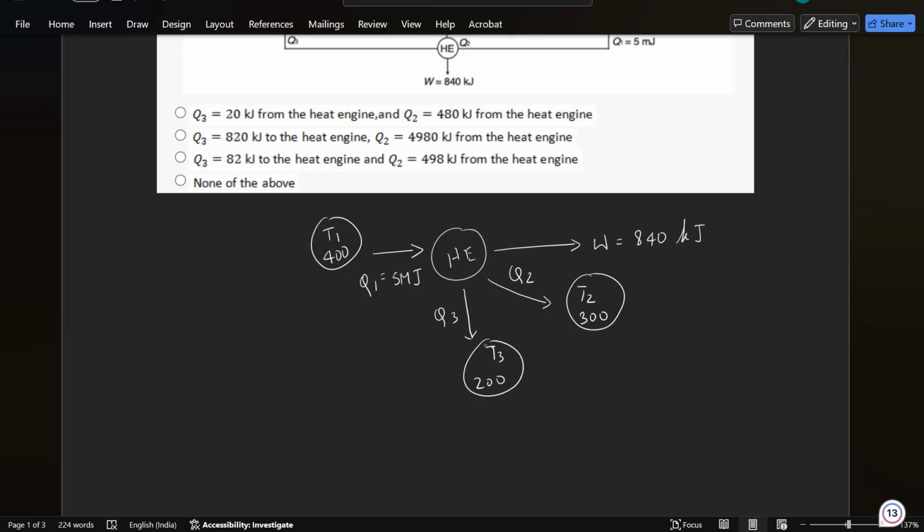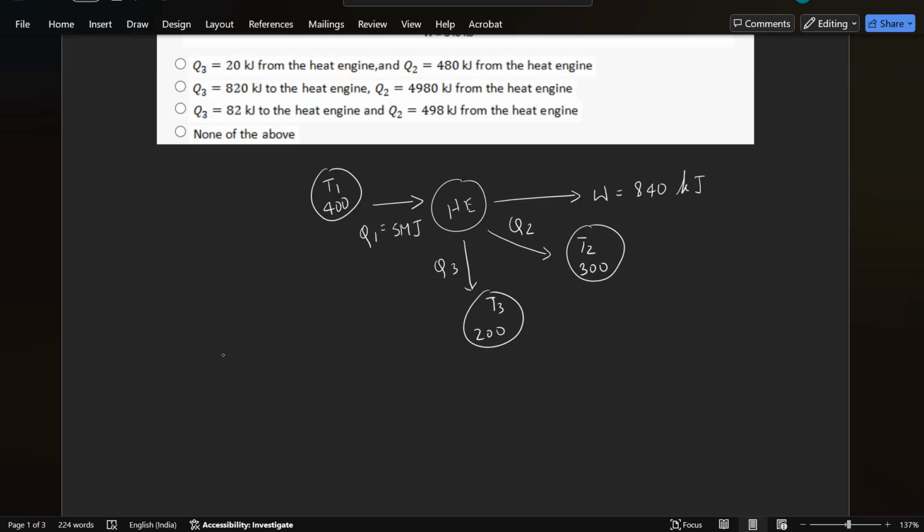This Q2 and Q3 can be positive or negative. Let's say Q2 is negative, which means heat is taken away from the reservoir and goes into the heat engine. If Q3 is positive, then heat is going to be deposited into that reservoir. All right.